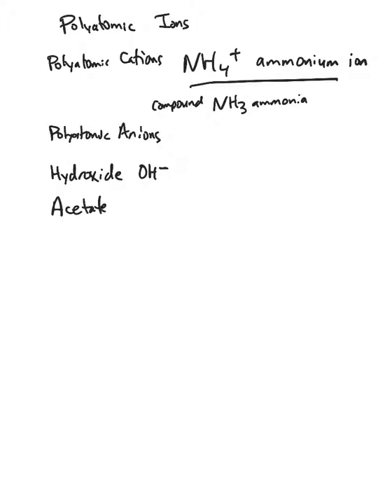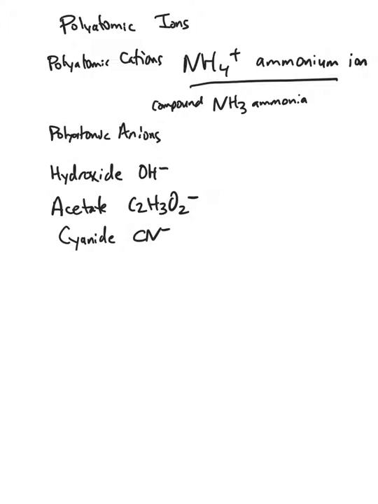Acetate is C2H3O2 minus. Cyanide, bad stuff, you want to stay away from it, is CN minus. And so those are 3 standalone polyatomic ions that you need to memorize.